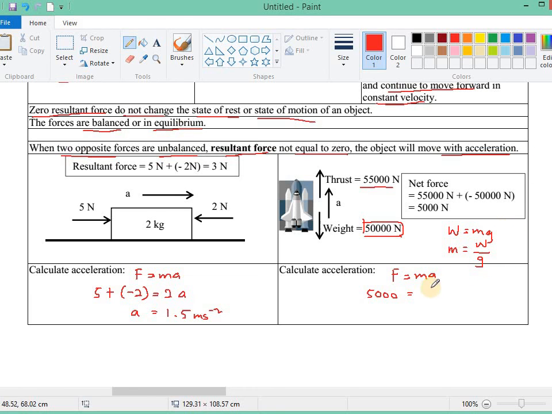So the mass will be the weight, which is 50,000, over the gravitational acceleration, 9.81, times the acceleration.